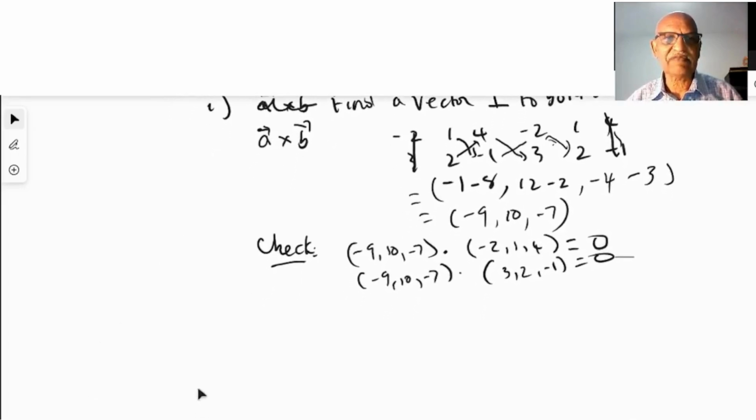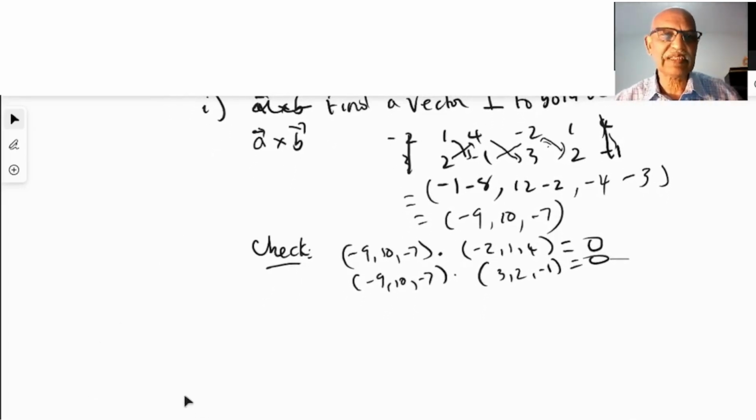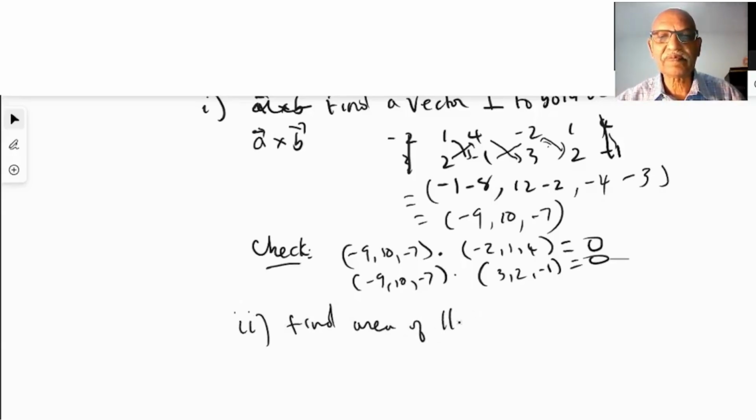So now, with these two vectors, my second part of the question will be to find the area of the parallelogram. The given ones are A and B, so this is B and this is A. Find the area of the parallelogram.